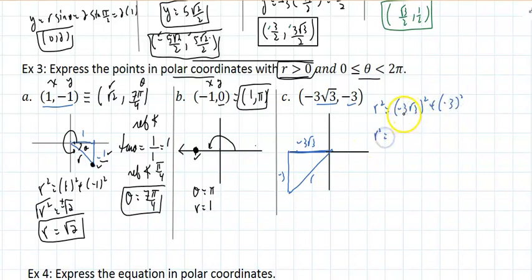R squared is going to be 9 times 3 plus 9. R squared is going to equal, what is that? 36. When I square root both sides, I will always have the option of a plus or minus, but I'm going to choose the positive. We'll talk about the negative later.